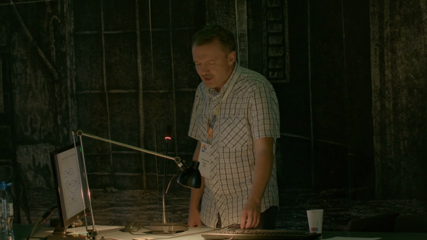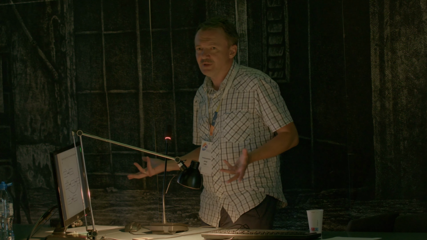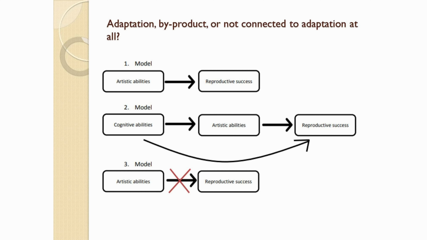matter of the study? As I say, the main question behind evolutionary approaches is whether art behavior is an adaptive capacity. So the question is: adaptation, byproduct, or not connected to adaptation at all. So there are like three models. Artistic abilities are directly responsible for reproductive success. Cognitive abilities might be responsible for adaptive success, no matter if you are an artist or not.